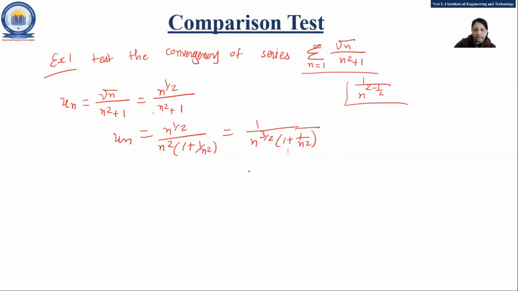This is my un. Now what is the comparison test? You will have two series, un and vn.